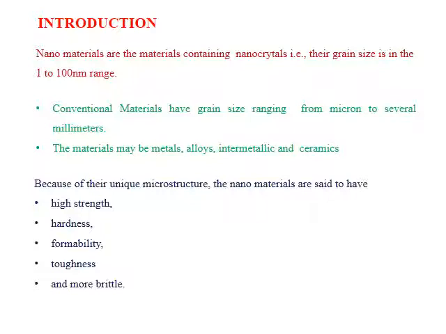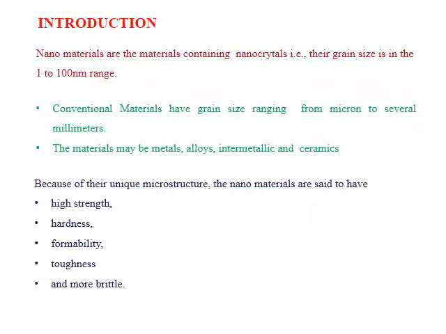So any material of any dimension which carries the value of 1 to 100 nanometers may be classified into nanomaterials. We have already come across macromaterials, micromaterials. So this is a kind of material which is classified based on their grain size, and these nanomaterials may be a metal, an alloy, an intermetallic compound, or a ceramic, etc.